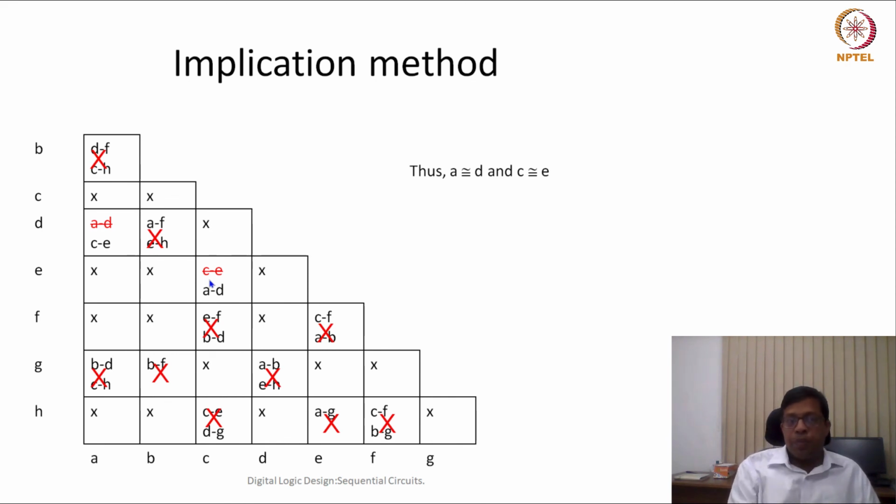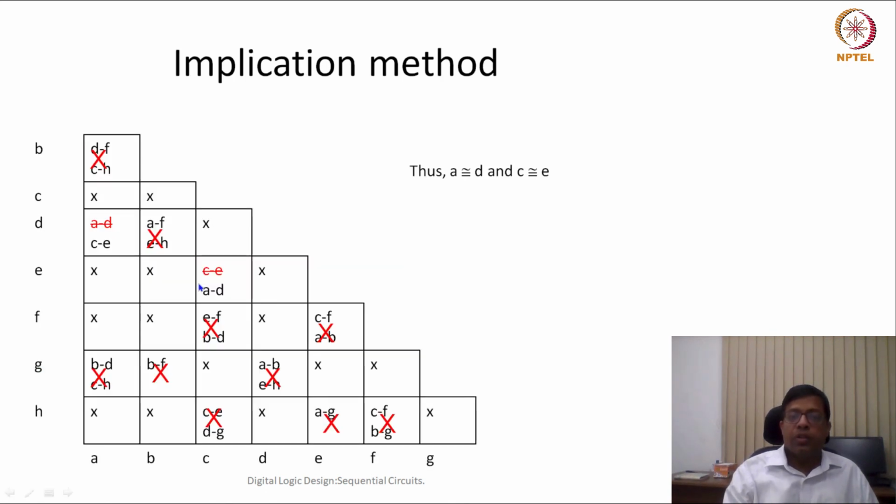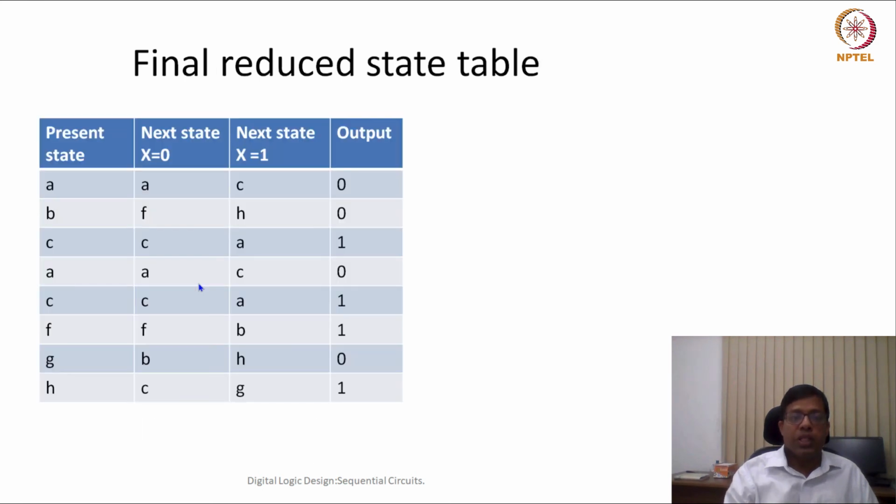So in the next step, we should replace in the original table, wherever D was there, we'll replace it with A, and wherever E was there, we'll replace it with C. When we replace them, what do we see?